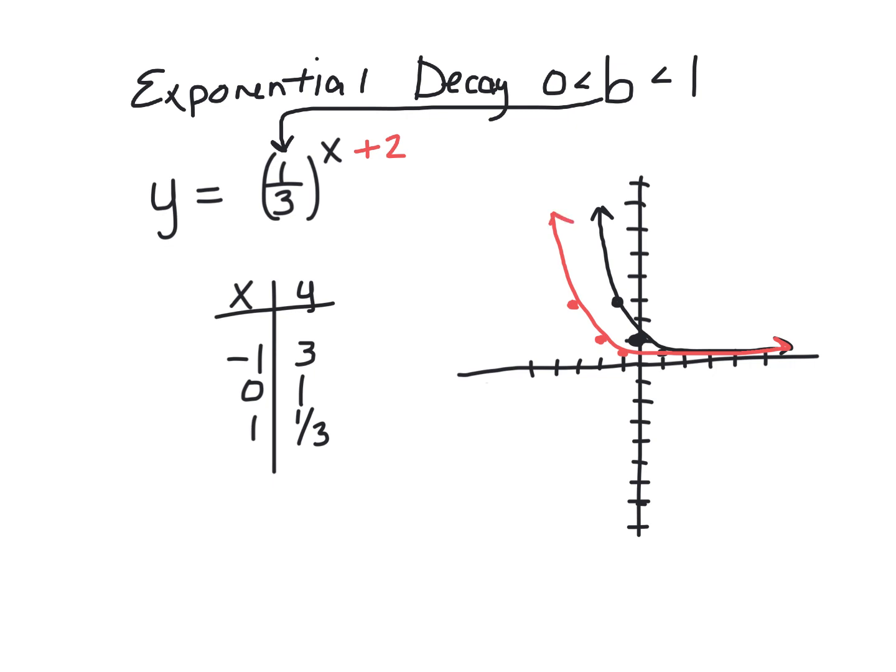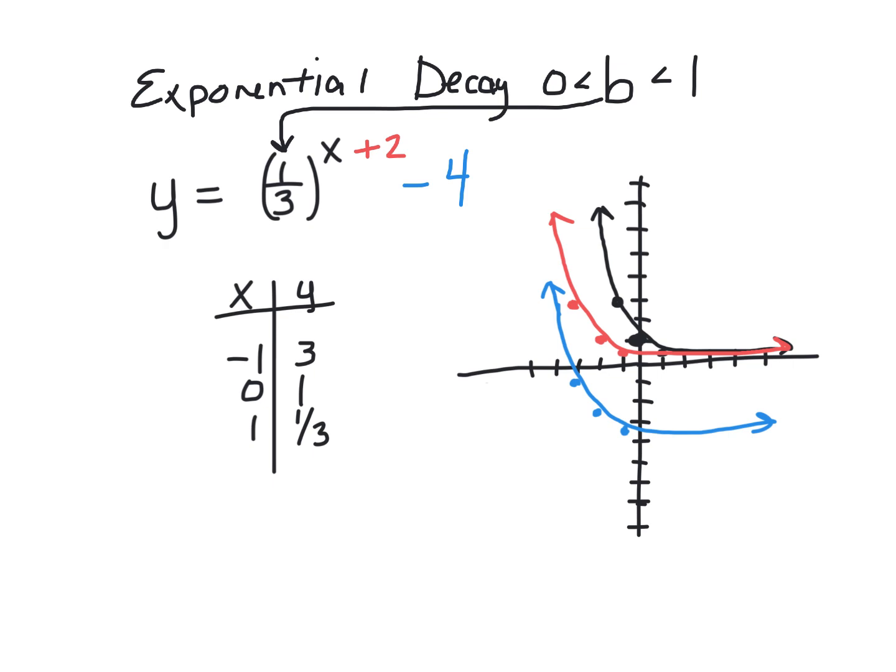If I had, let's say, a minus 4 out here, that would move these points down 4. And so I would have these particular points. And the graph would look like this, with a domain of all reals and y being greater than negative 4.